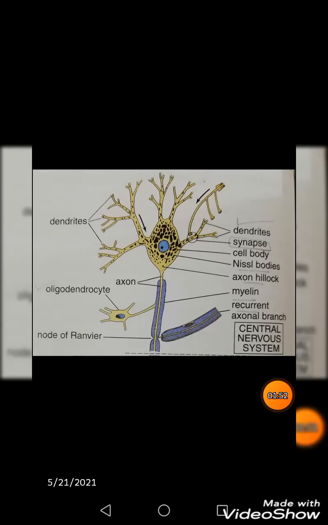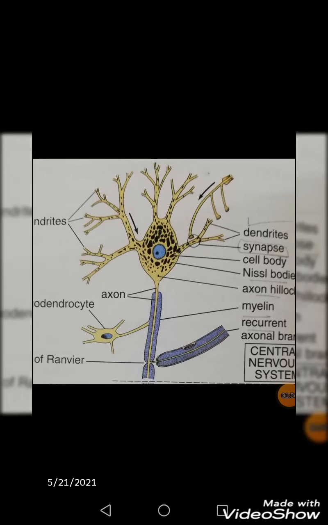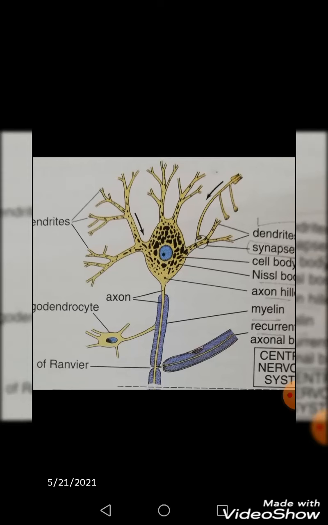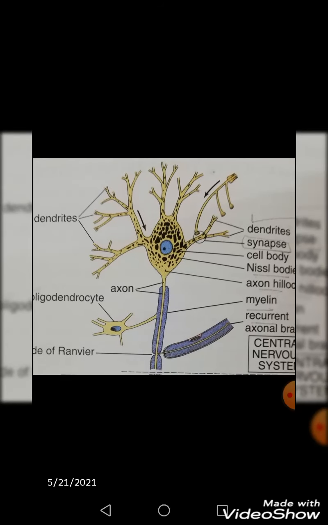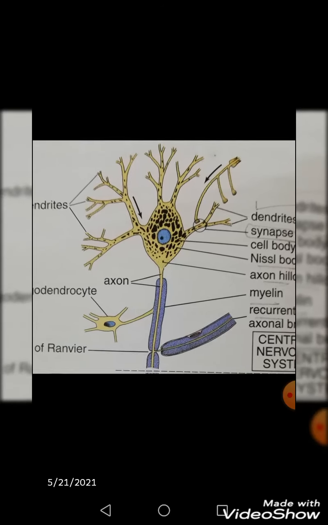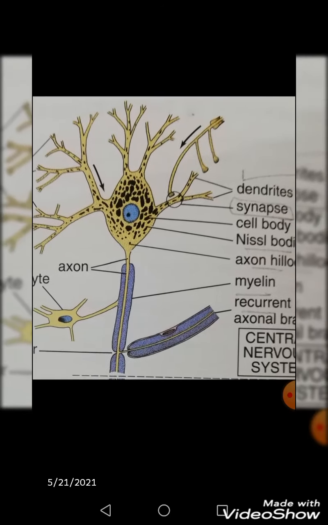In this schematic representation, you can see the neuron, its cell body, and so many branching processes called dendrites, and below you can find the axon, and the very initial part through which it starts is called the axon hillock.